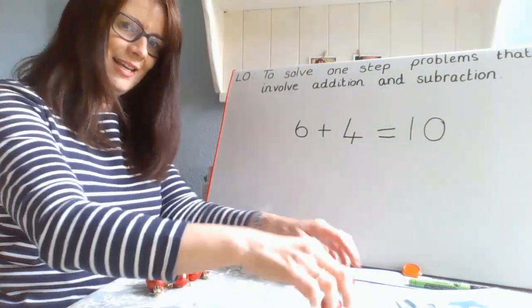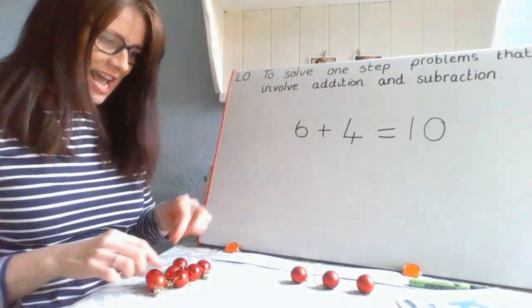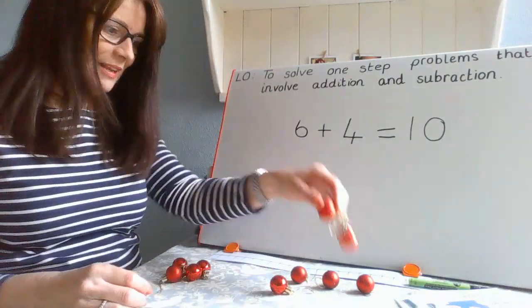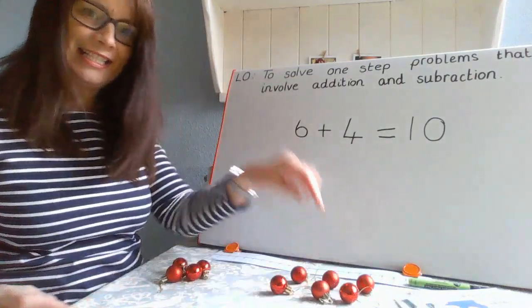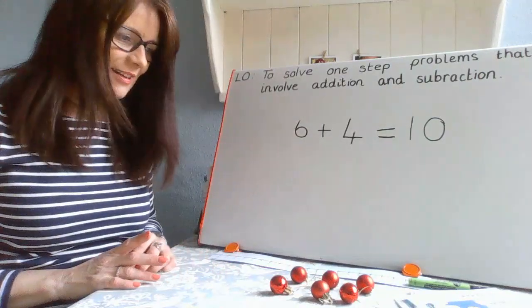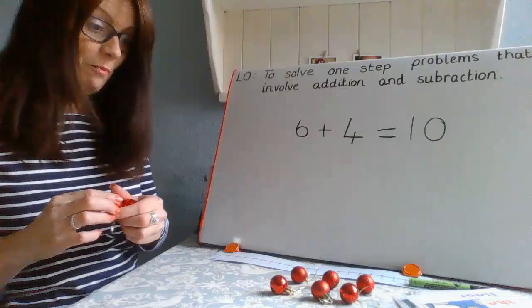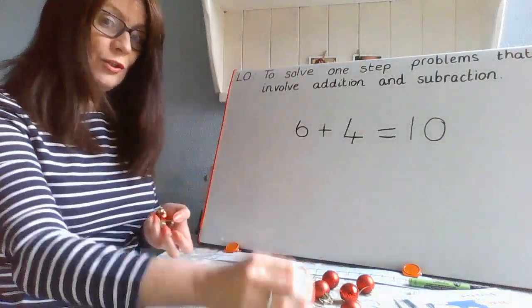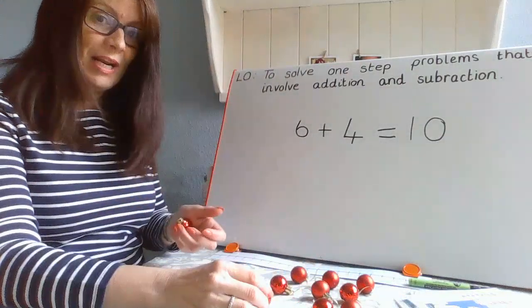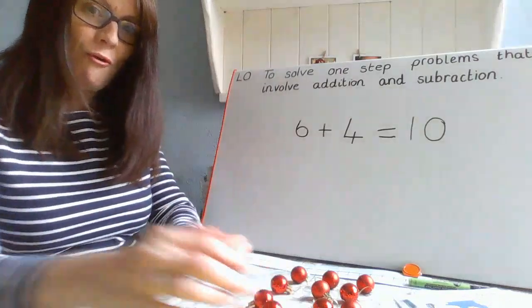Can you see that? 4, 5, 6. There's my 6. 6 add 4. Got to add 4. 1, 2, 3, 4.